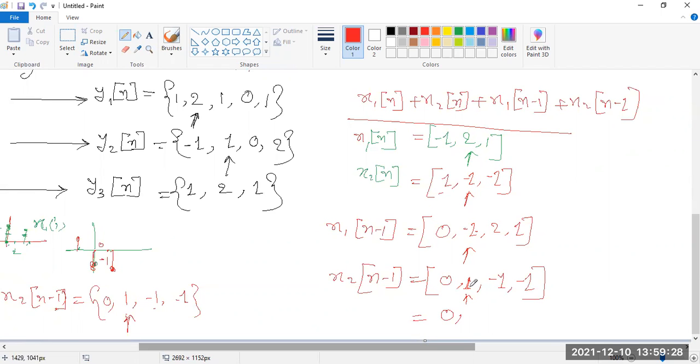This is 0 and this is 1, so it will give you only 1. 1 minus 1, 0. 2 minus 1, so it gives you 1. 1 minus 1, so it will give you 0 also. And the origin is there.